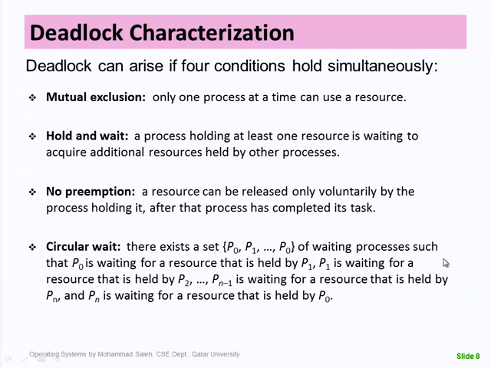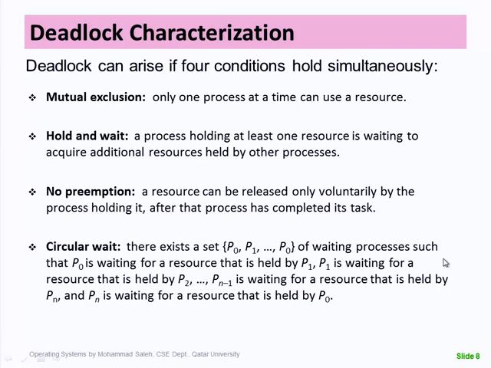Now I can say that a system has a deadlock situation if 4 conditions hold simultaneously, all 4 of them together. And these conditions are: mutual exclusion, which means only one process at a time can use a particular resource. The second one, hold and wait, where I have a process holding resources and requesting additional resources that it is waiting for.